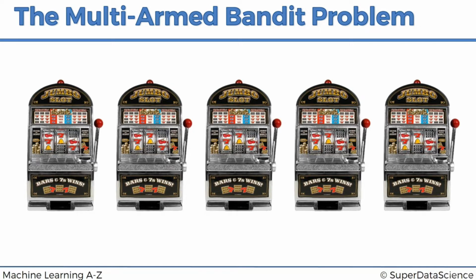And basically, we agreed that behind every machine there is a certain distribution, and you don't know which of these distributions is optimal. You need to combine exploration of these machines with their exploitation in order to find out which one of these machines is the best, and then you can start exploiting that one.